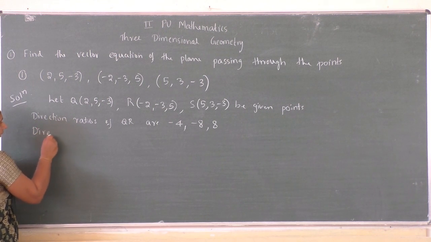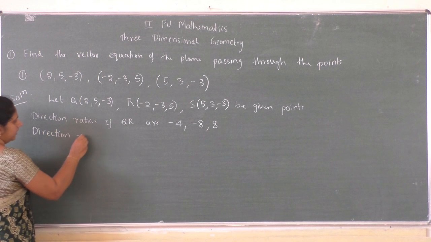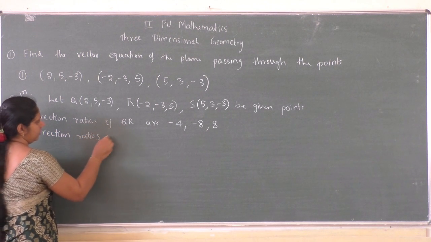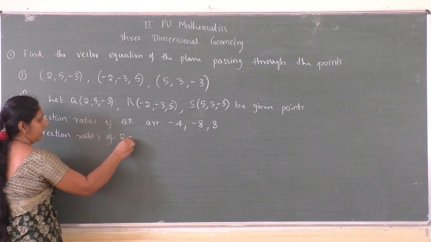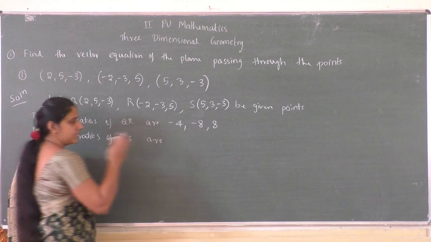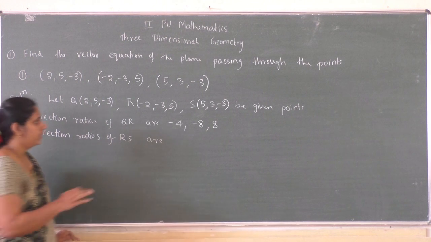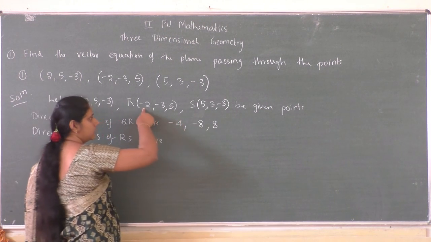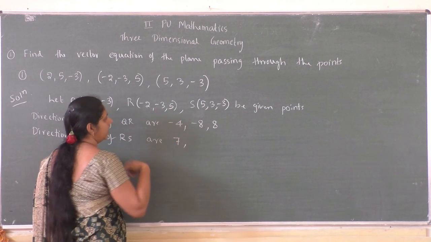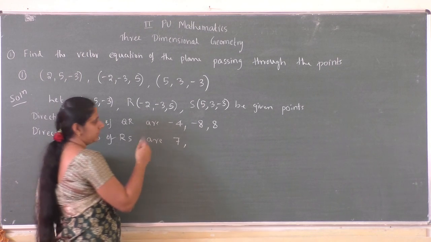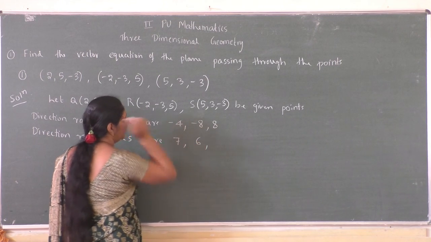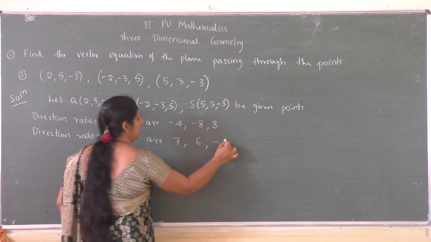Similarly, we will find the direction ratios of RS. Again the same formula, x2 minus x1, y2 minus y1, z2 minus z1. So 5 minus of minus 2, 7. 3 minus of minus 3, that is 3 plus 3, 6, and minus 3 minus 5, minus 8.